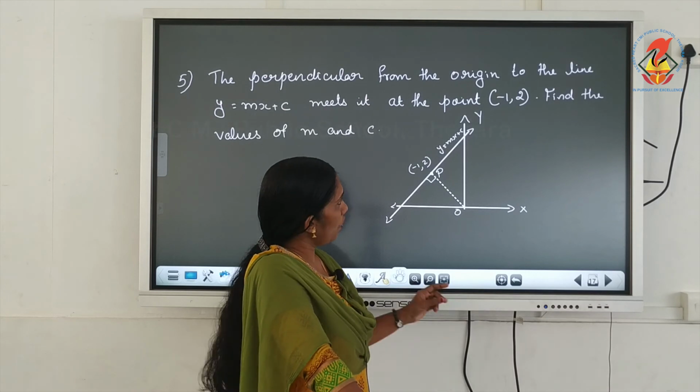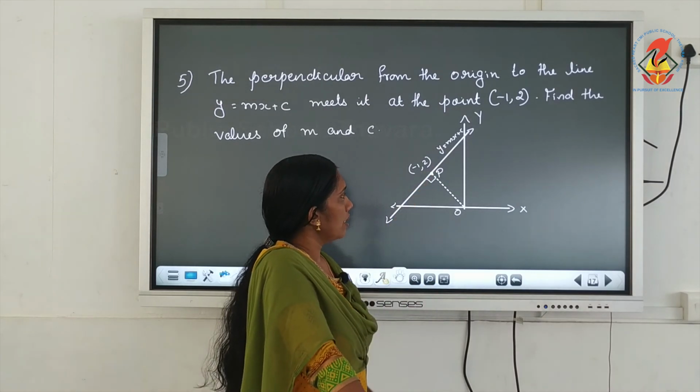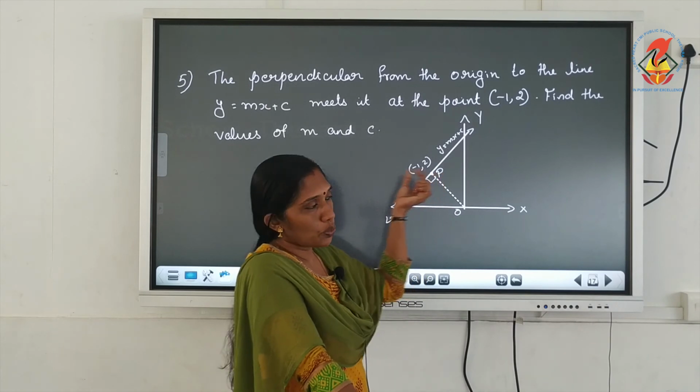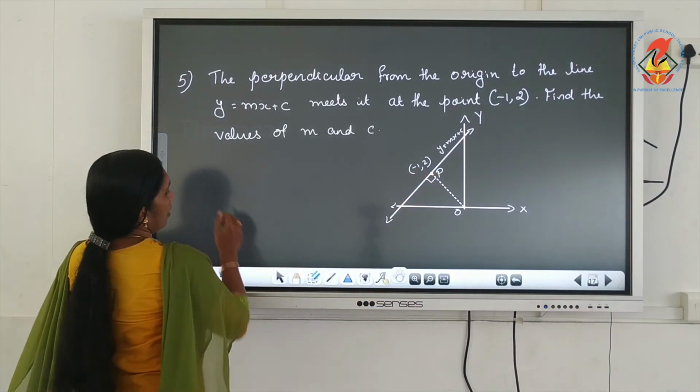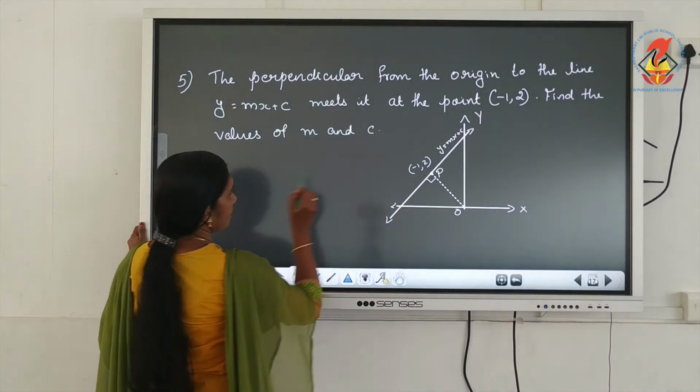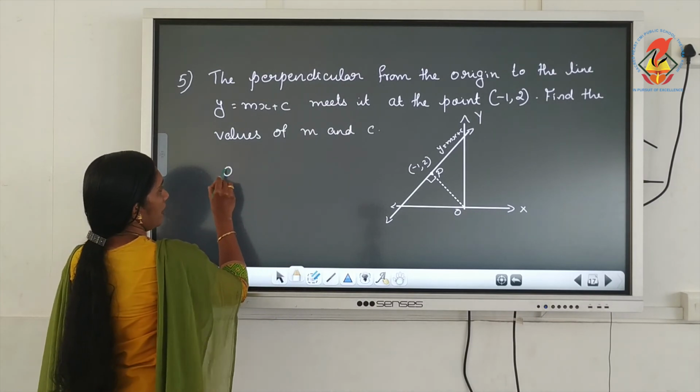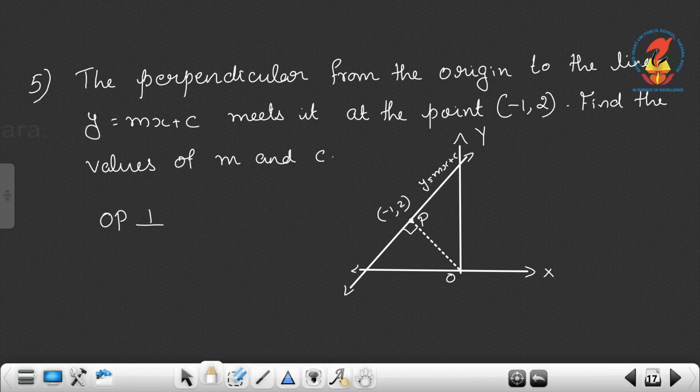What is the value of m and c? So this OP is perpendicular to the line y is equal to mx plus c.